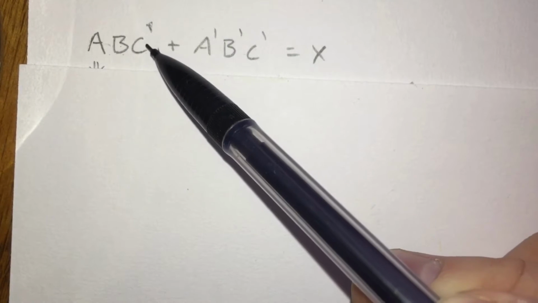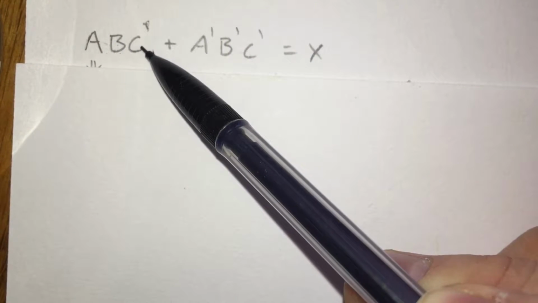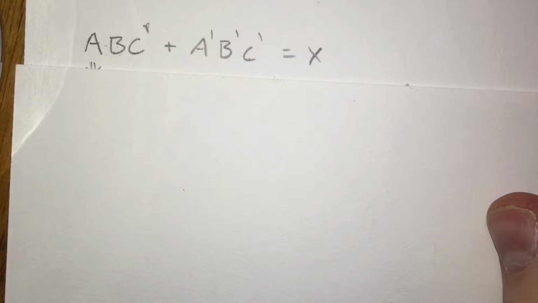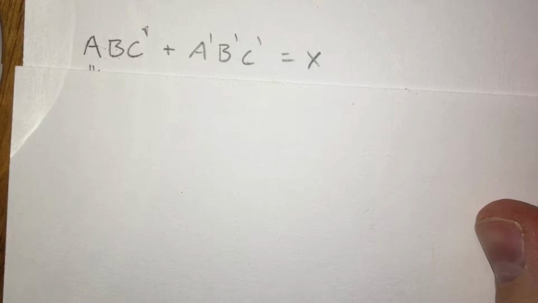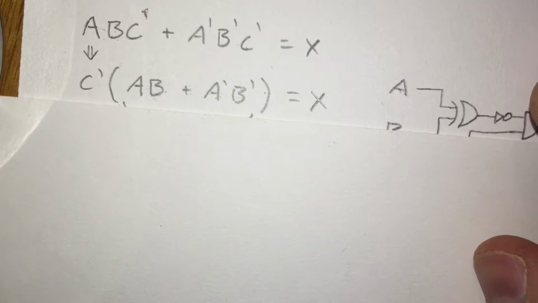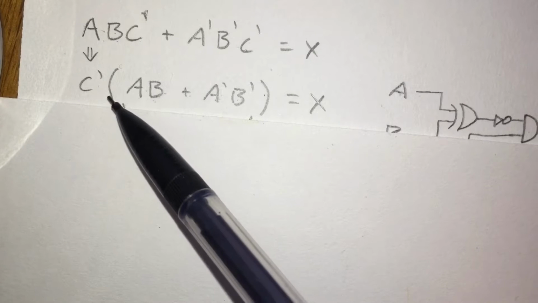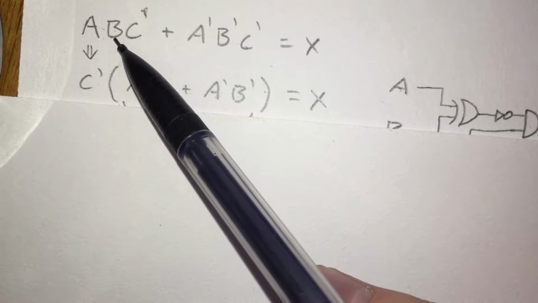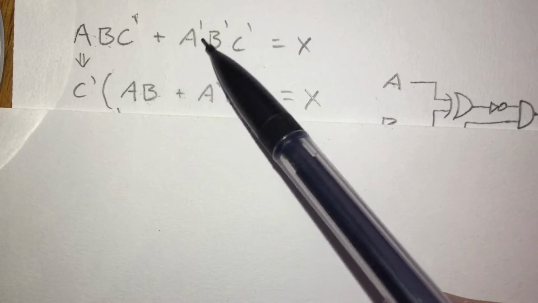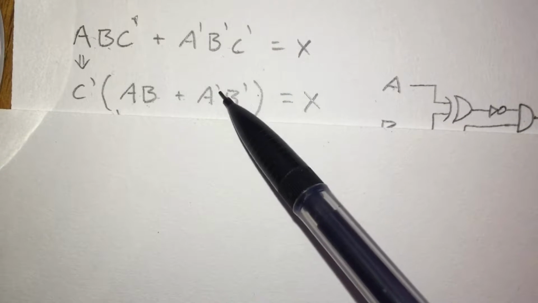And what we notice is, first of all, this C not is distributed between both terms. We can pull that out. And what we're left with is A and B, or A not and B not.